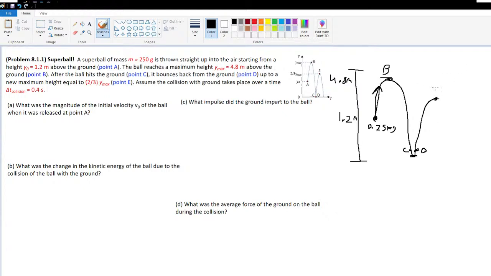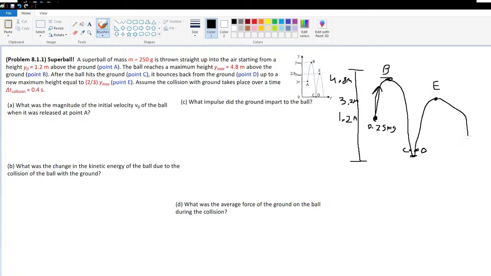Just remember that. So we got E, which is where it bounces back up, and that's at 2/3 of y max. So using advanced mathematical skills, we can find out that 2 divided by 3 times 4.8 means that the height at point E is 3.2 meters.